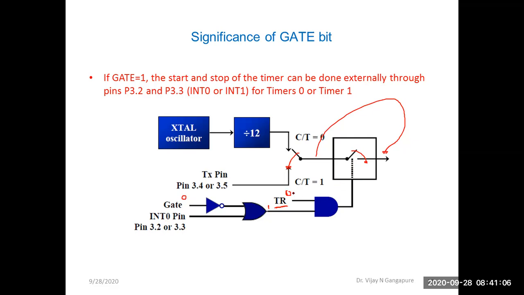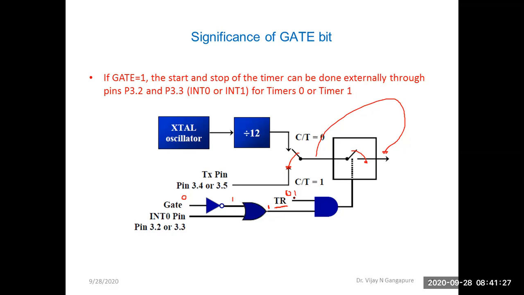If this bit is 1, then irrespective of the other input, the output of this AND gate will be 1, because we have assumed the gate bit is 0. This is an inverter, so at the output I get 1. So the output of this OR gate will always be 1 if the gate bit is 0, and this AND gate is under the control of the TR bit.